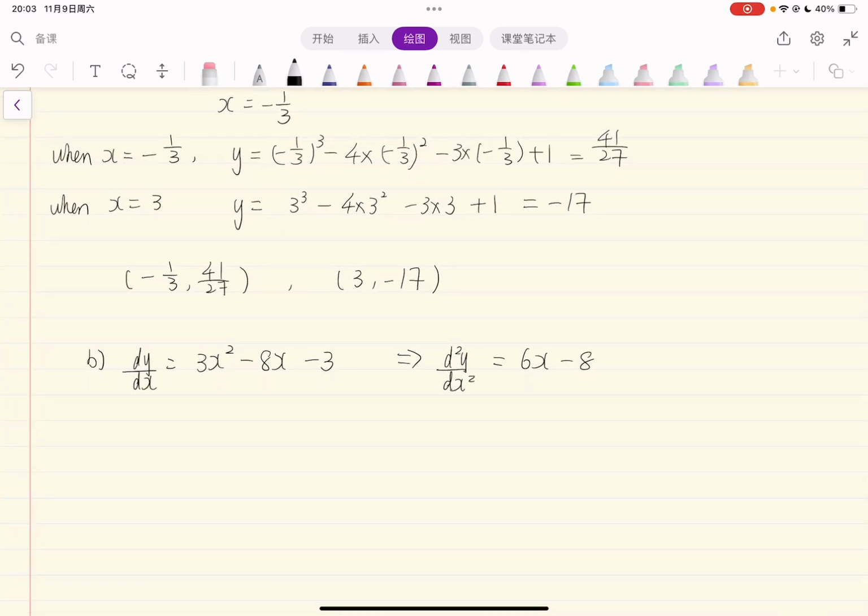The first stationary point is when x equals negative 1 over 3. We substitute this value into the second derivative. So d2y over dx2 equals 6 times negative 1 over 3 minus 8, which equals negative 10. That is less than 0, which means this point is a local maximum.